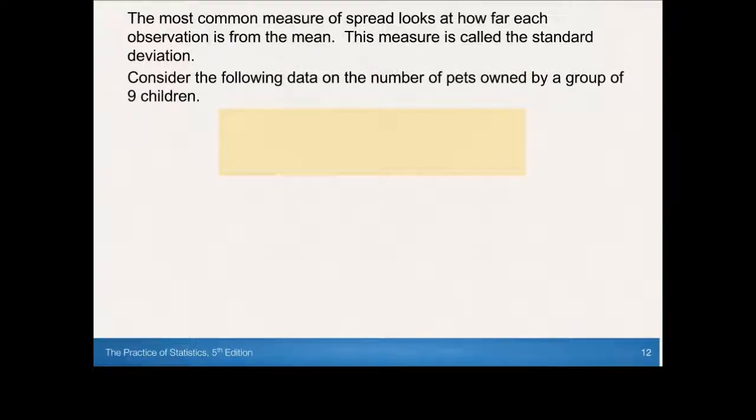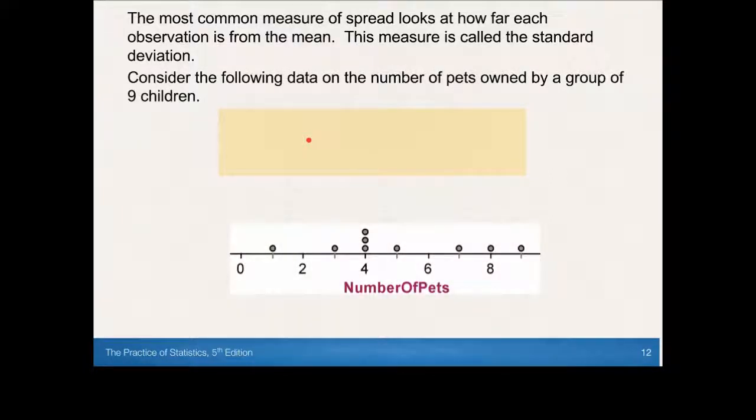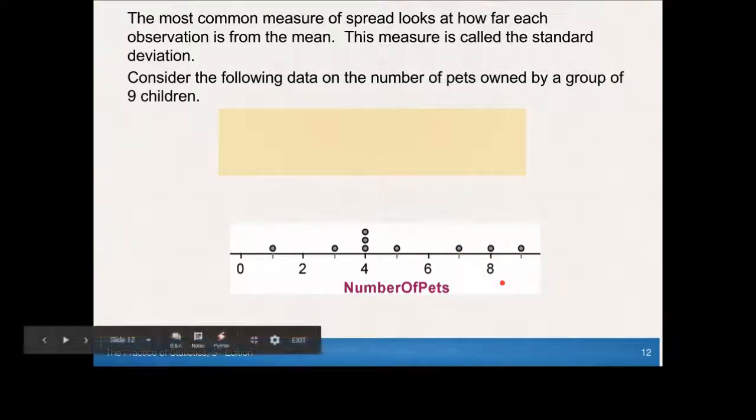So what we're going to do is find the deviation. Consider the following data for the number of pets owned by a group of 9 children. So here we have the data: 1, 3, 4, 4, 4, 5, 7, 8, and 9.